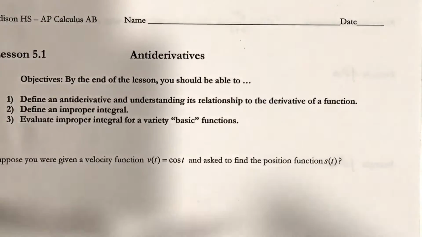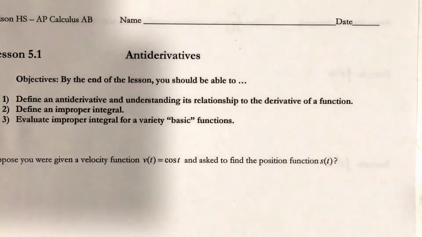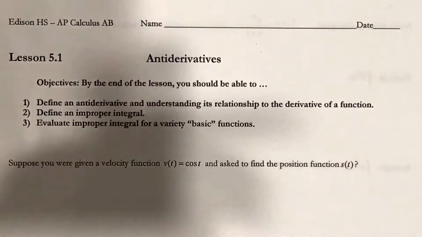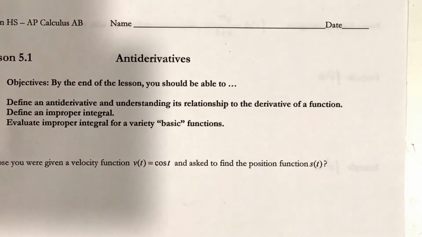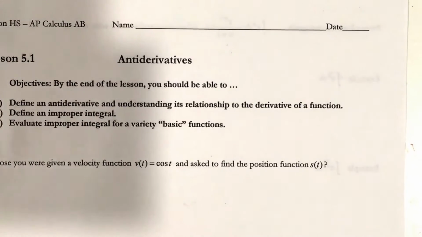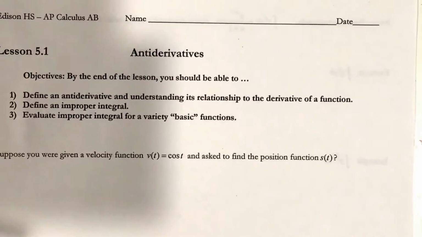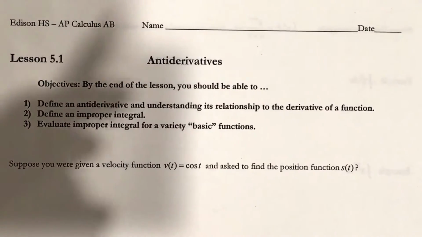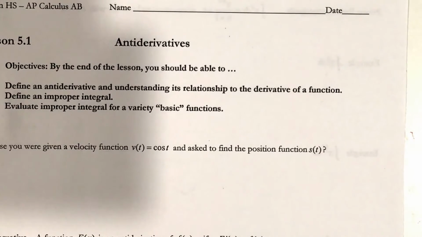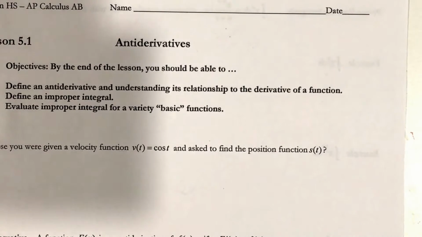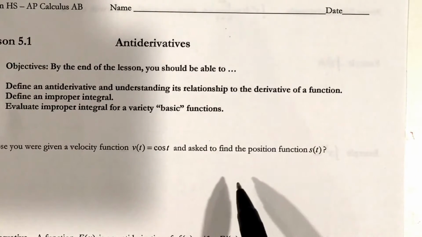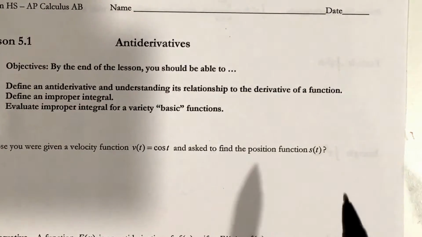All right. So think of these given functions in Unit 5, Section 1 as the derivative function. And then your goal is to find an antiderivative of it. So before we start, let's take a look at a motivating question here. Suppose that you are given the velocity function, which is cosine, and asked to find the position function.